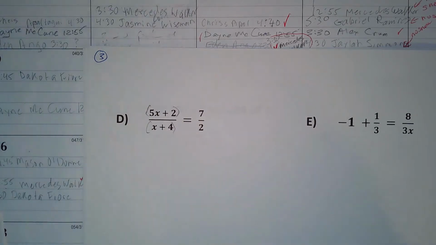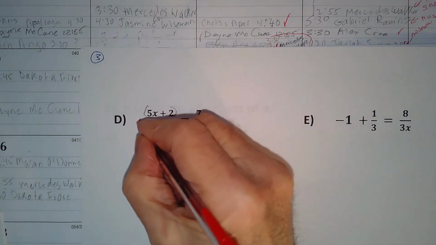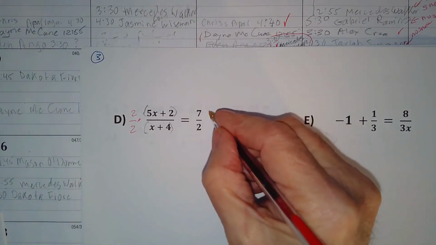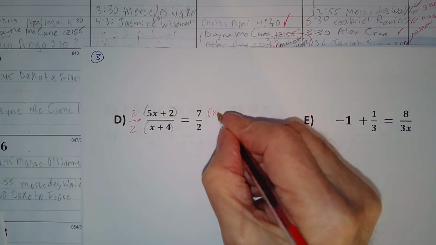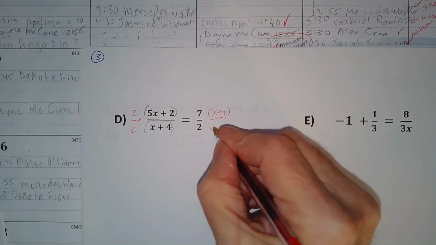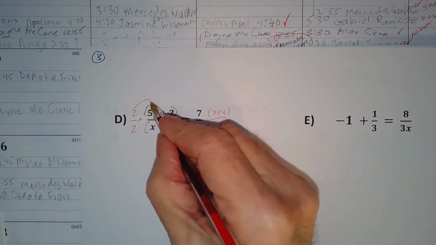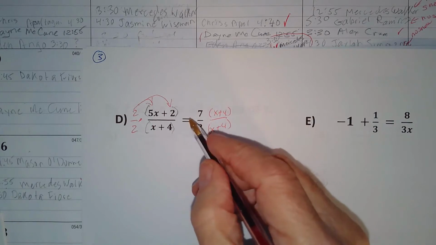So in this case, I want to multiply both sides times 2 over 2. And over here, I want to multiply both sides times x plus 4 over x plus 4. So now I'm going to distribute the 2 to the 5x and the positive 2.